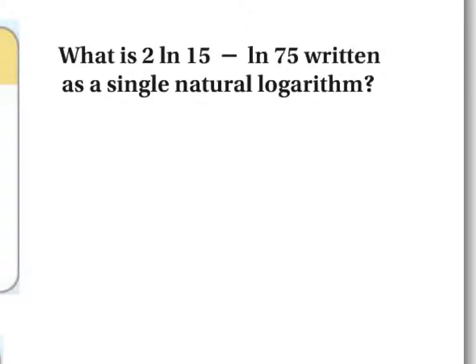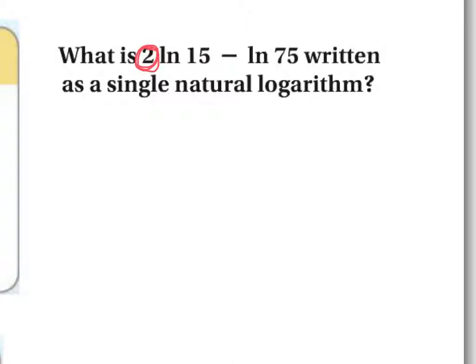The first thing I see is that we have a coefficient out in front of the first natural log. Looking at those three new properties, what can I do with that coefficient? It's the third property, by the way.